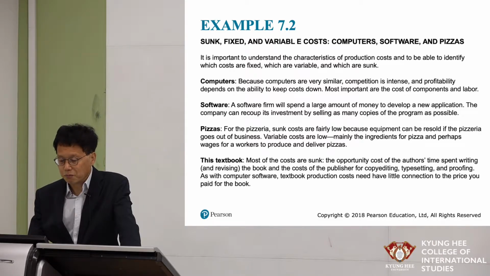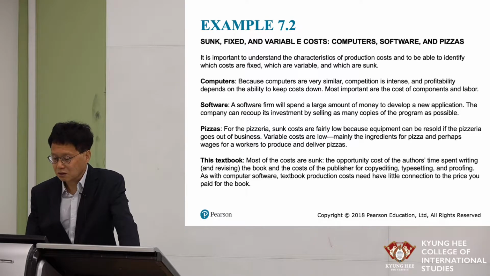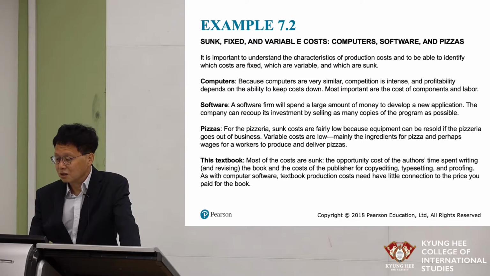How about pizza? For the pizzeria, sunk costs are fairly low because, for example, the capital oven can be resold if the pizzeria goes out of business. So the oven can be sold to a hamburger restaurant. Anyway, capital has alternative uses.